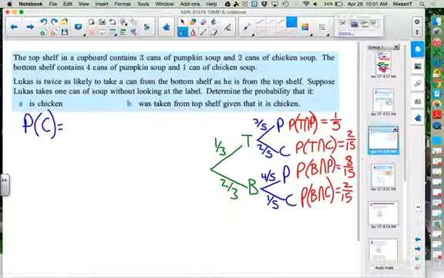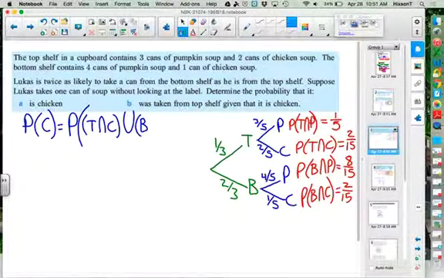So here's the thing. There's a lot of notation here, so stay with it. You're finding the probability of the top and getting chicken or the bottom and getting chicken. Does that make sense? Now, what do you know about top and getting chicken and bottom and getting chicken?